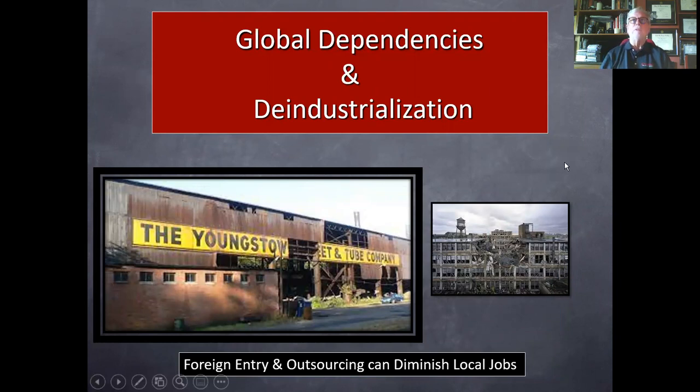In fact, I remember visiting dealers in the Midwest and seeing, for example, Delco Electronics suppliers with their plants closed, with cyclone fences around them and weeds coming out of the cracks in the cement. So it can diminish jobs, but on the other hand, you have to remember it can create some jobs in order to support outsourcing.